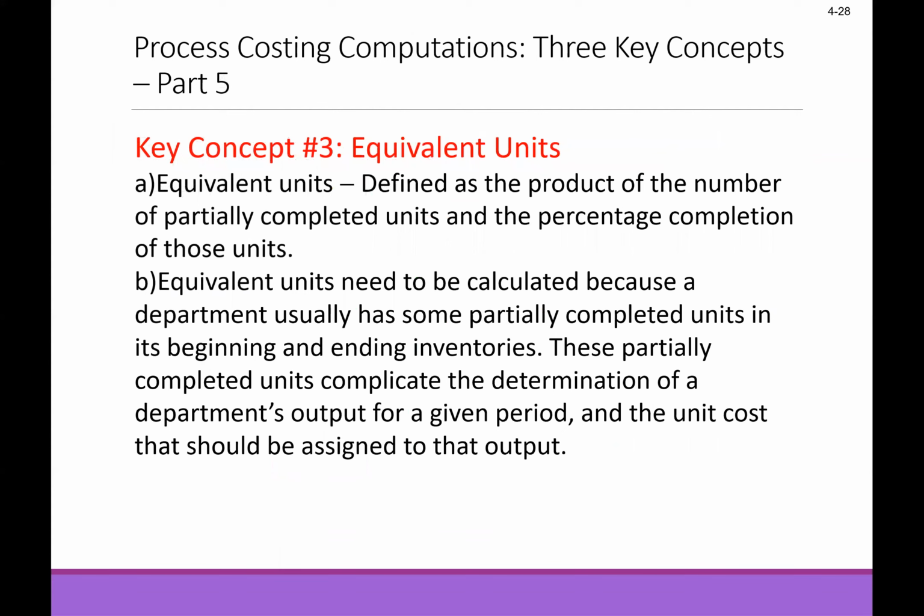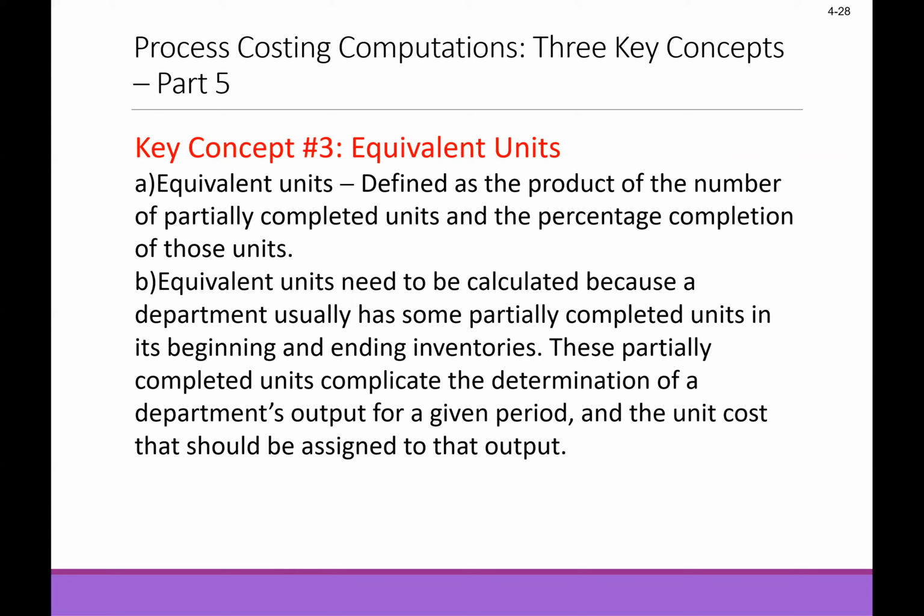Equivalent units is defined as the product of the number of partially completed units and the percentage completion of those units. Equivalent units need to be calculated because a department usually has some partially completed units in its beginning and its ending inventory.